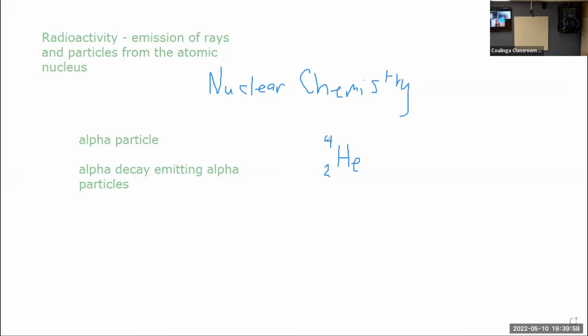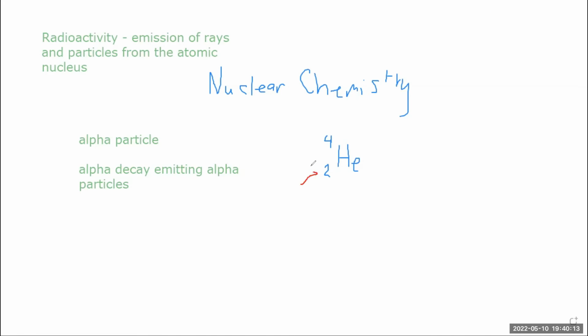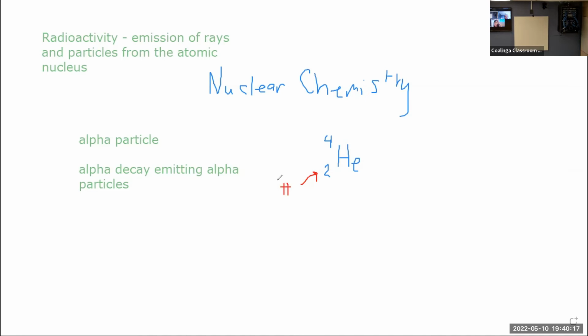Do you guys remember when we did isotopes and everything, back in the old days when you first started this endeavor? Right. Okay, so we know that the bottom number is the number of protons, also called the atomic number. That's correct.